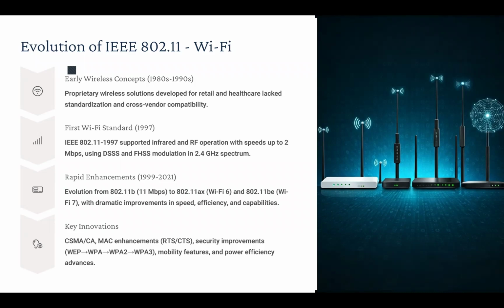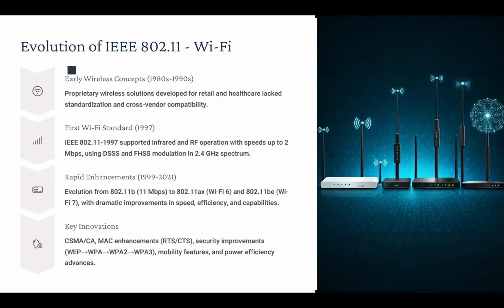Now, in 1997, the IEEE developed the first version of 802 Part 11 and introduced wireless LAN communication, which supported speeds up to 2 megabits per second. They were using infrared or radio frequency to do that.